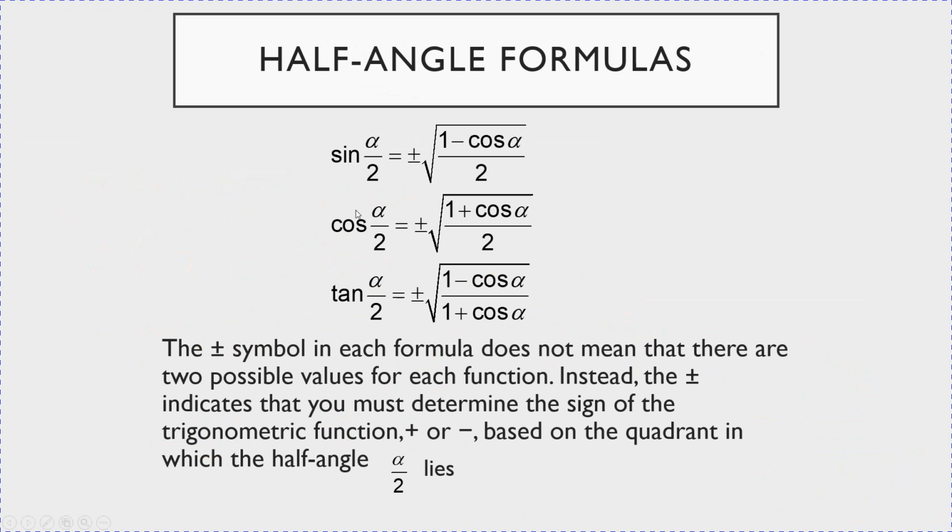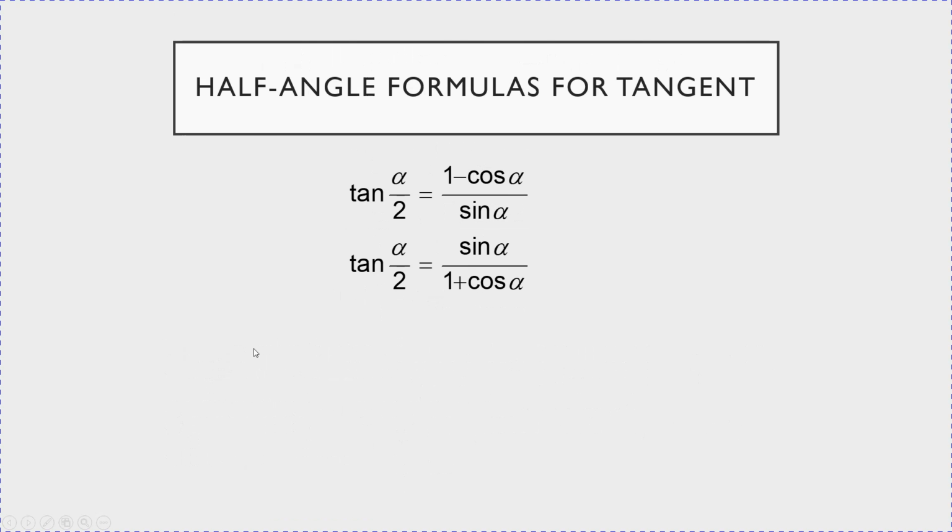Or if I see something like a sine of alpha divided by 2, I can get rid of the half angle somehow. And you never know when these are going to come up. So just keep them handy. And then as always, if you have any questions, I'm here to help.